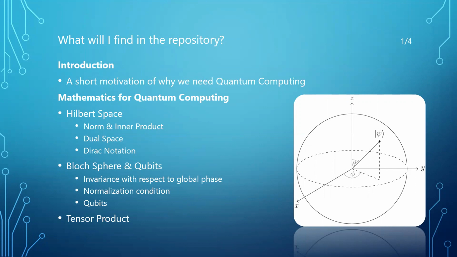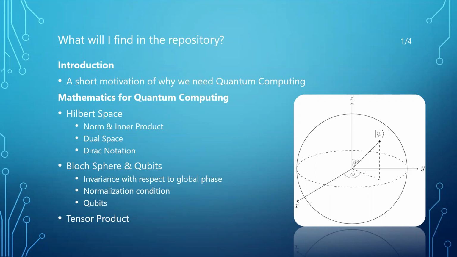So in the mathematics for quantum computing sections, concepts such as Hilbert space and dual space are reviewed. Then Dirac notation is introduced. This will be helpful to ease all the work that will be done in the next sections.